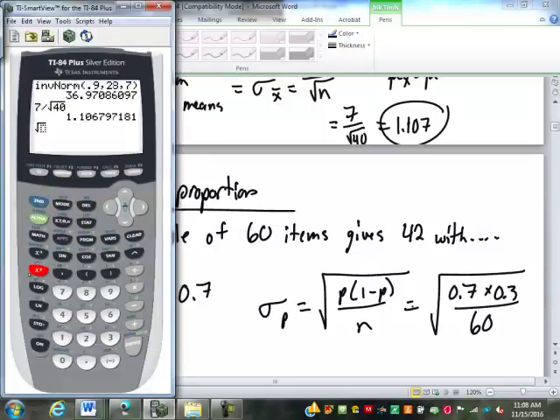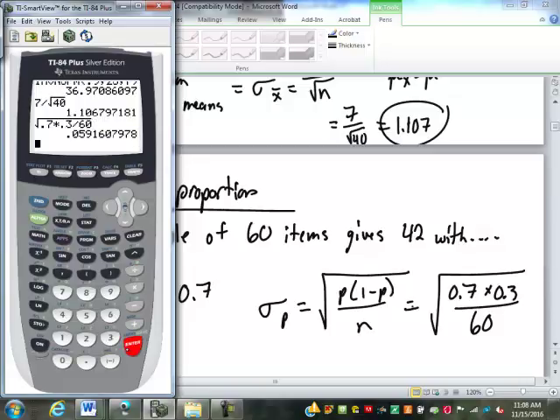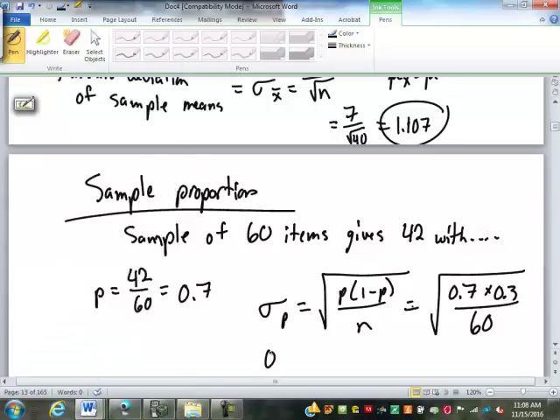So square root of 0.7 times 0.3 divided by 60. Notice I can put that all in one line like that. 0.0592. That is my standard deviation of the sampling distribution of the sample proportion.